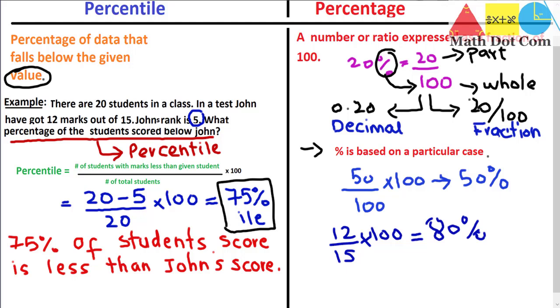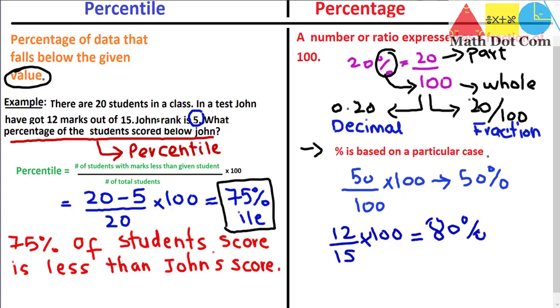So in the percentile, we have made the comparison by finding the percentage of the students that fall below John. So we have found that 75% of the students' score is less than John's score. So this is the basic purpose of the percentile, and this is how they differ from percentage.